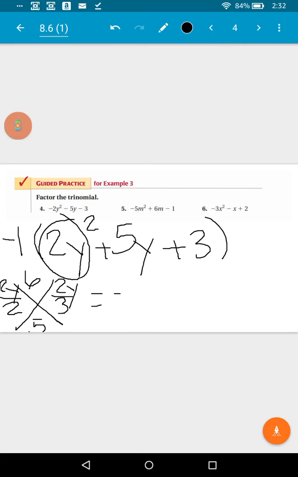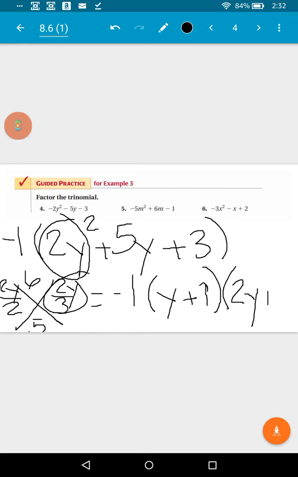Remember what I said, that negative 1 goes in the outside. That's going to be for your final answer. 2y over 2y, I know I can divide both of them by 2. So I have y plus 1. My second binomial over here, I can't reduce that. Leave it as is. And that is my final factored answer.